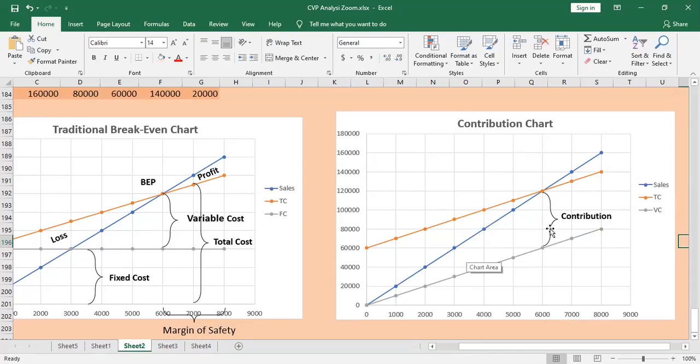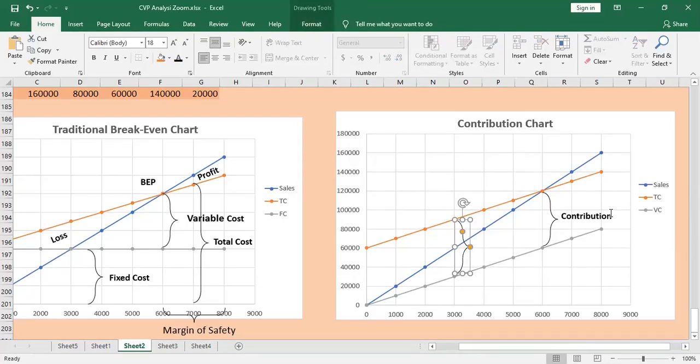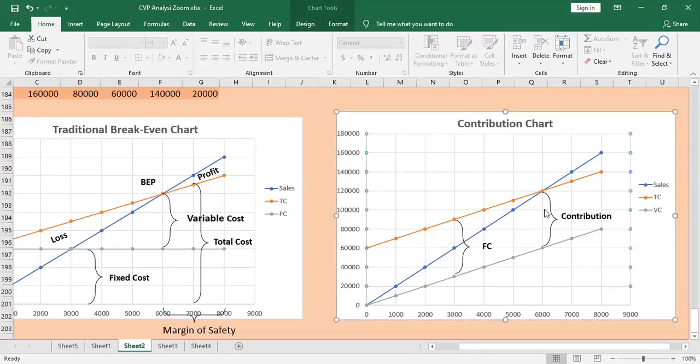Now I can use the same here. This difference is actually fixed cost. This is fixed cost. Now at the break even point, fixed cost is always equal to contribution. Now if you go for the 8,000 output level, the contribution will be higher.